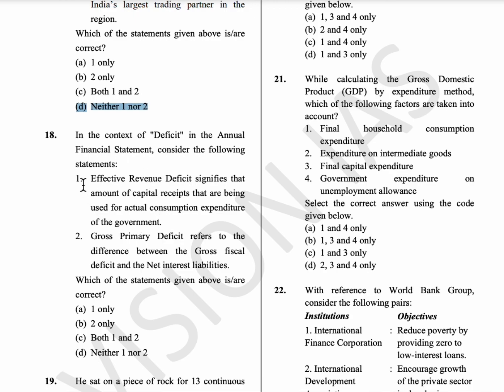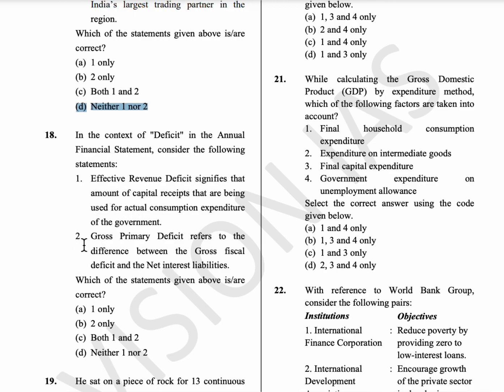First statement is, effective revenue deficit signifies that amount of capital receipts that are being used for actual consumption expenditure of the government. So the first statement is correct.